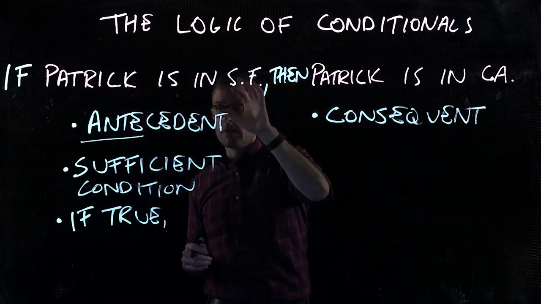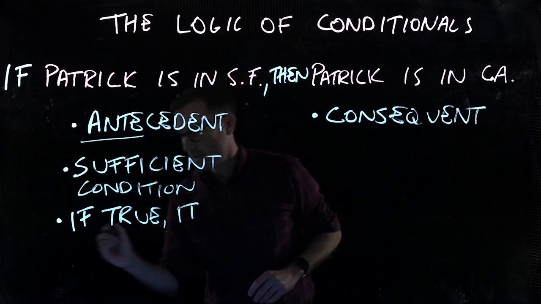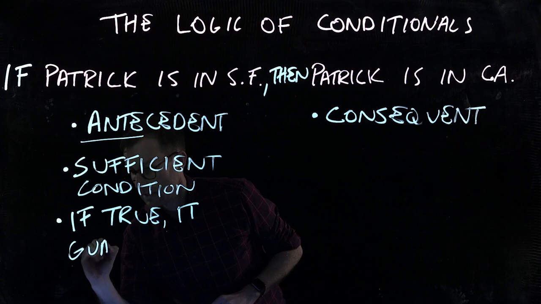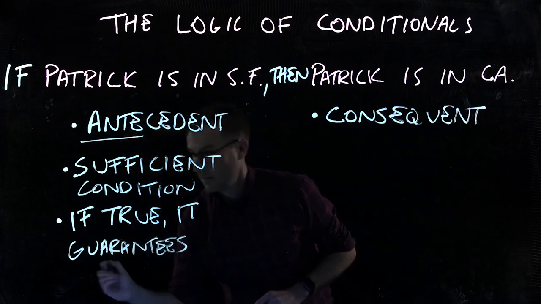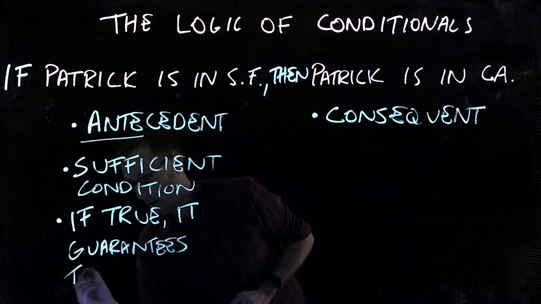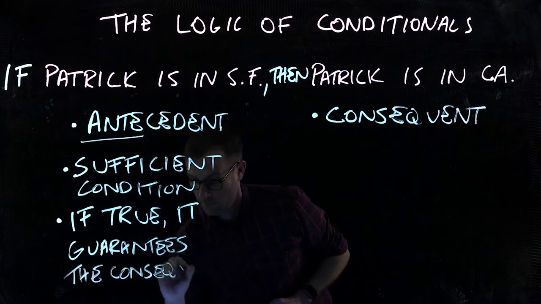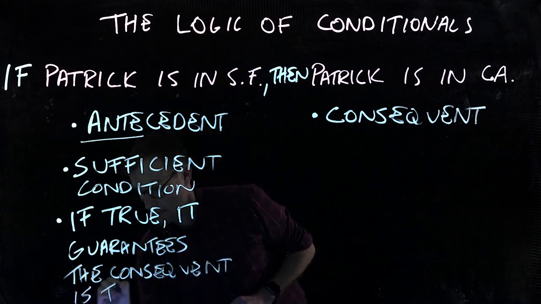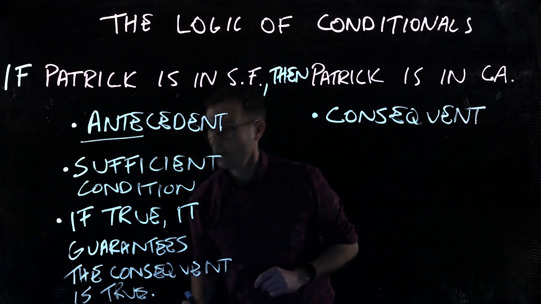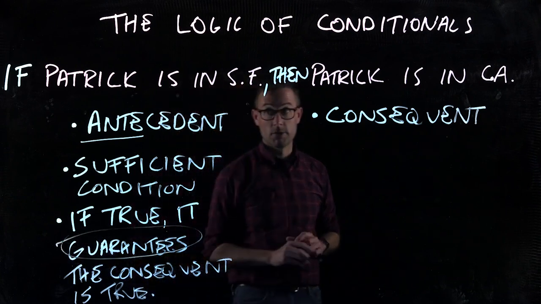is that if the antecedent is true, we say that it guarantees the consequent is true. It guarantees it. That's really important. That's strong language. Guarantees the consequent is true.